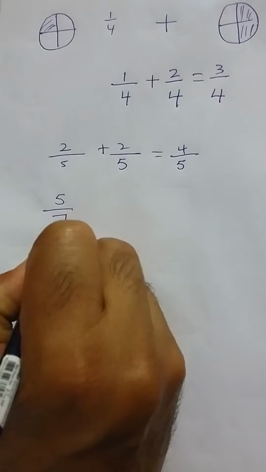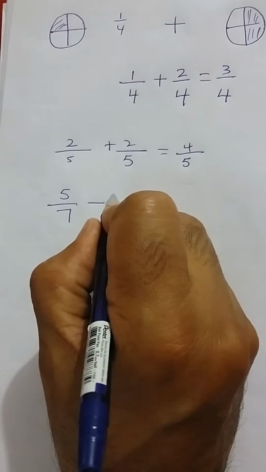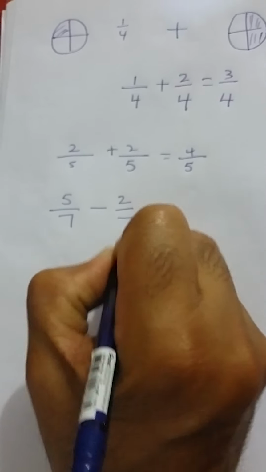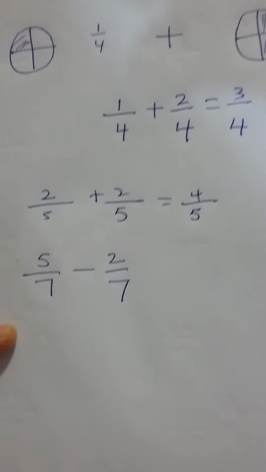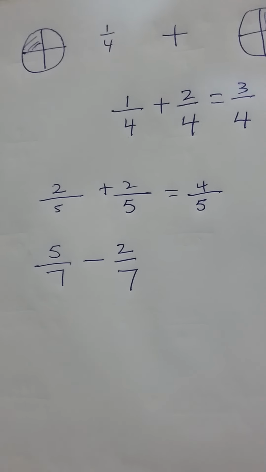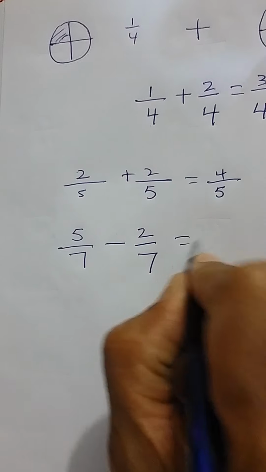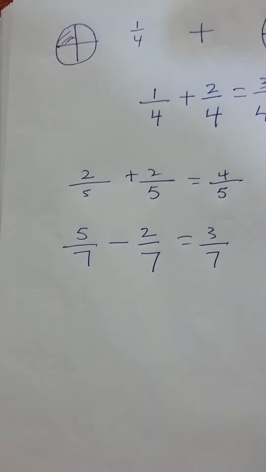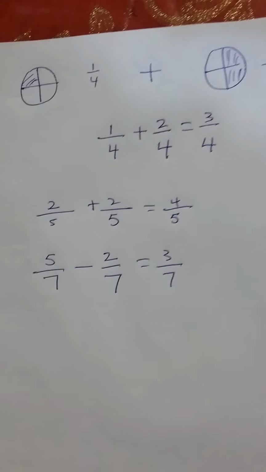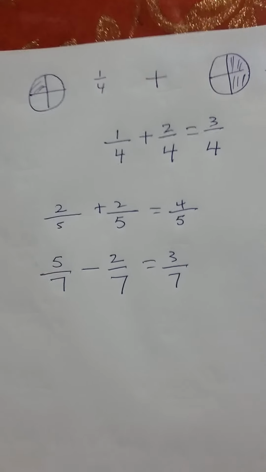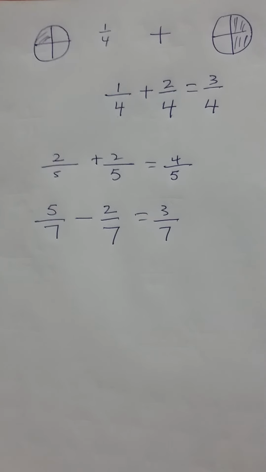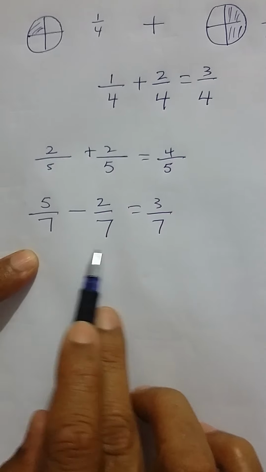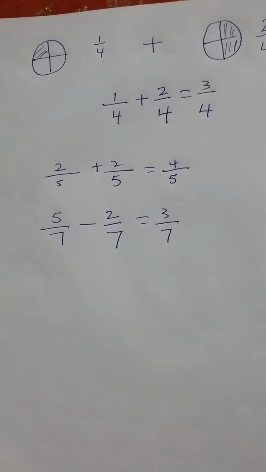And if I had 5/7 subtract 2/7, you just do it like you're saying 5 girls take away 2 girls. 5 take away 2, you will end up with 3/7. Good? So we must remember when we are adding or subtracting fractions, the denominators must be the same.